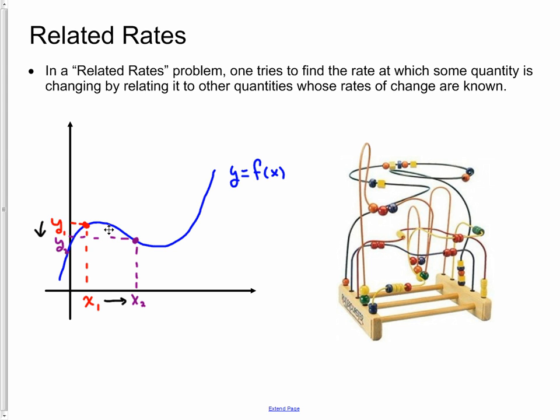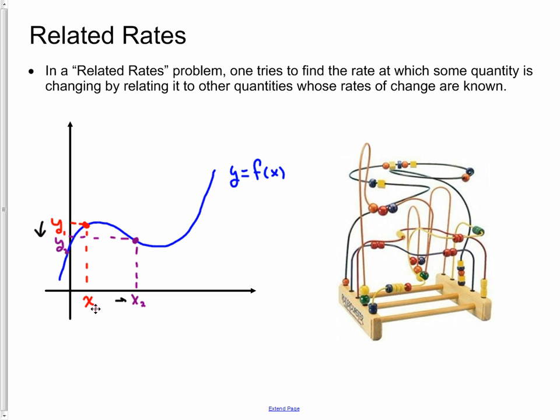There are two different rates going on right here. As we move from left to right, that's a steady rate. So we could say, the derivative of x, the change in the x value with the change in time. Let me make this a little more like what we've been doing.